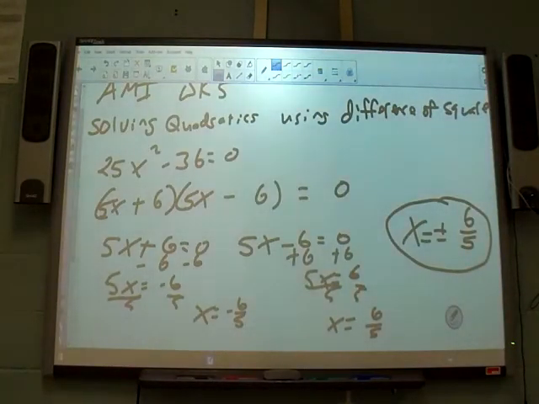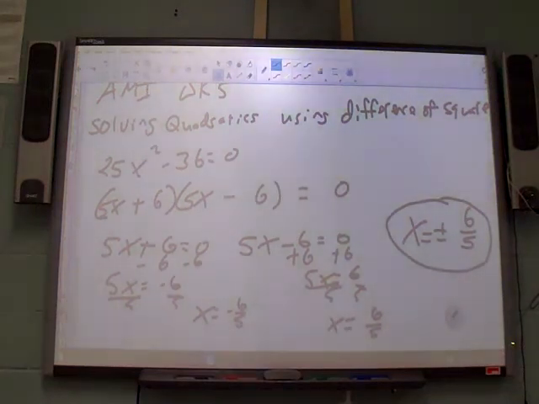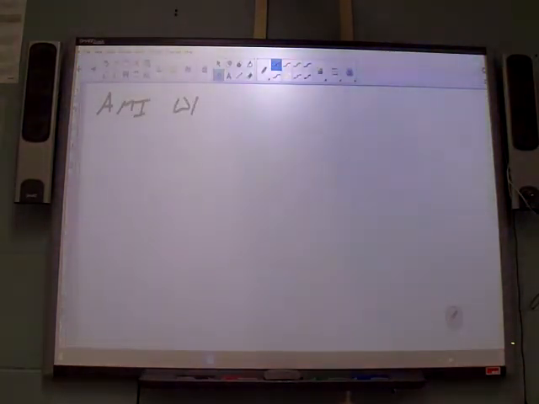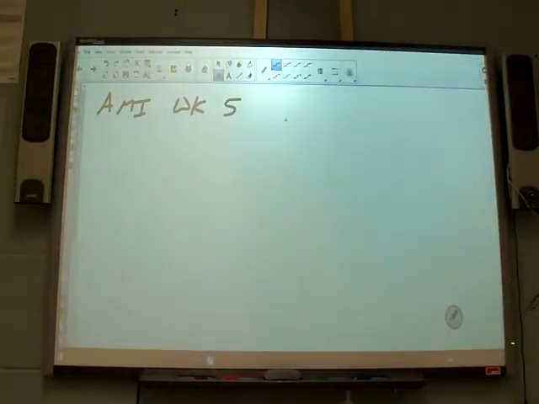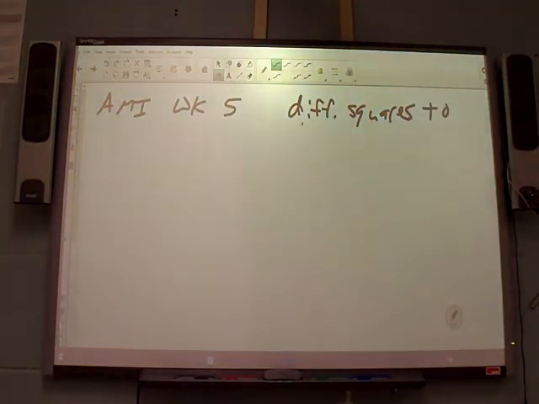Okay, so for your AMI Week 5 assignment, I again just have 4 problems for you. So this is AMI Week 5. We are using difference of squares to solve quadratics.